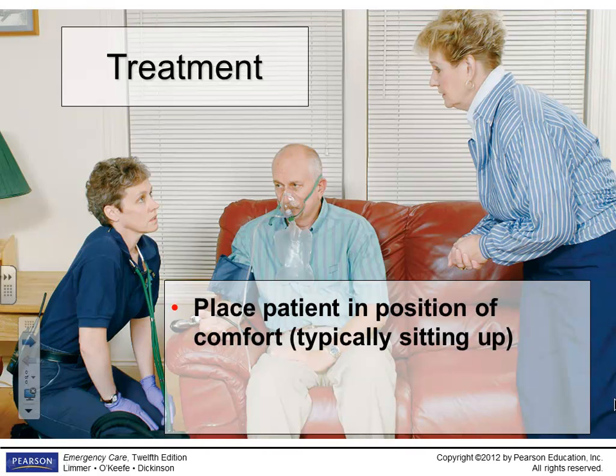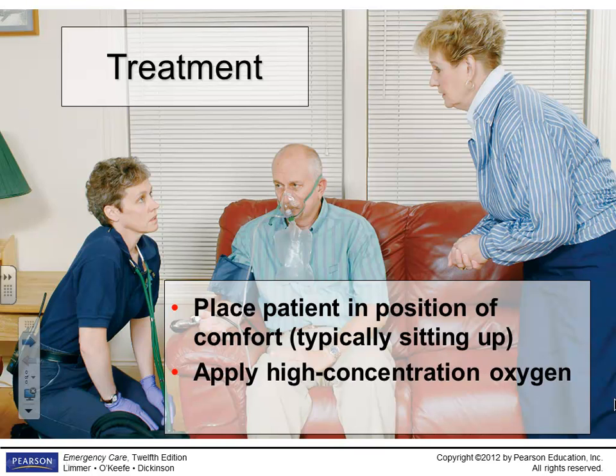Okay, treatment of a patient with possible cardiac compromise. First thing you may end up doing is putting them in a position of comfort. If you look down and you see their ankles are swollen, you hear fluid sounds in their lungs, and they're laying down, even propped up under a pillow or two, you want to sit them up. They're going to breathe better in an upright position most commonly.